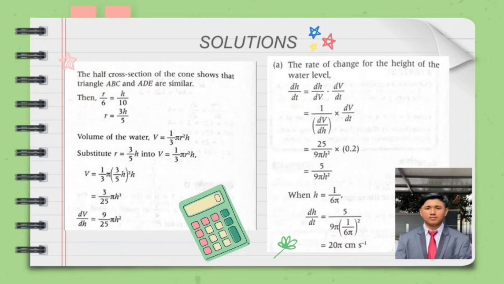Now we need to make r the subject and we produce r equal to 3h over 5. So now we have the value of r.